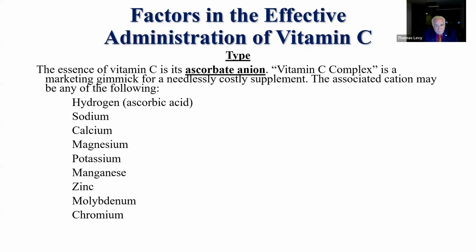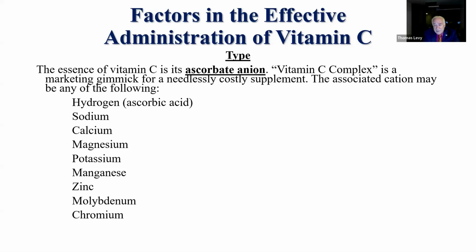Type. The vitamin C is the ascorbate anion, the negative part of ascorbic acid, hydrogen ascorbate. You also have sodium, calcium, magnesium, potassium, manganese, zinc, molybdenum, chromium. All of these metals can attach to the ascorbate anion and give you a positive vitamin C impact.